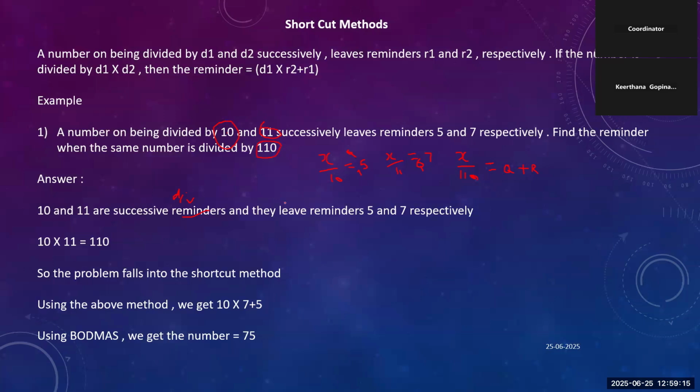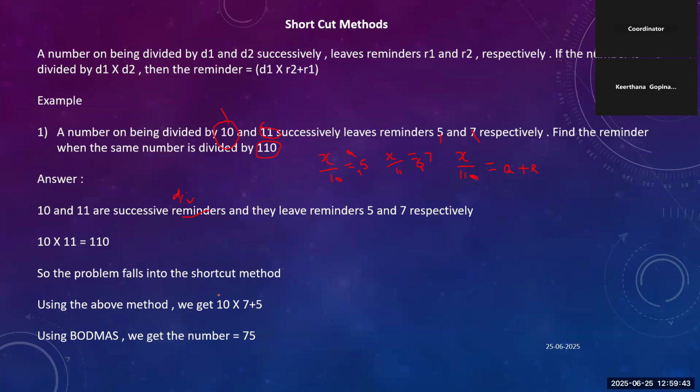So immediately you should realize this is a shortcut method. Here what we use is D1, which is 10, R2, which is 7, plus R1, which is 5. So it is 10 into 7 plus 5.